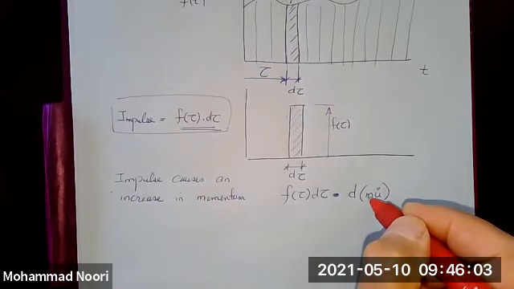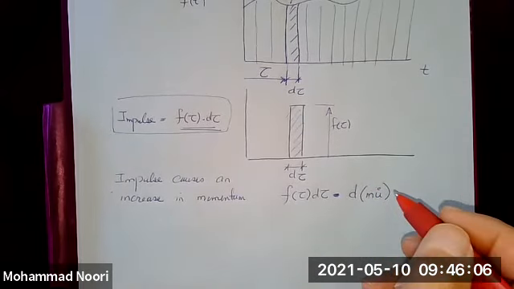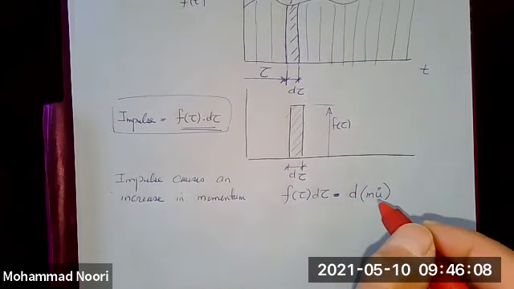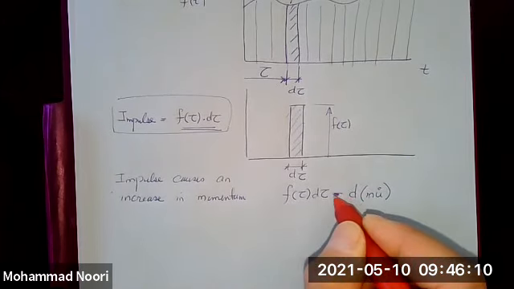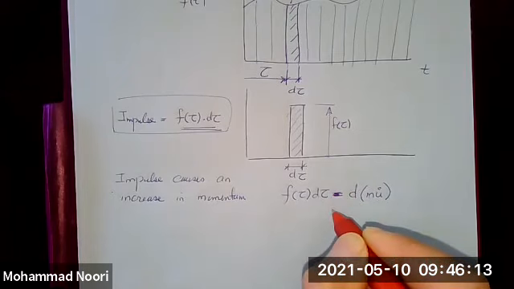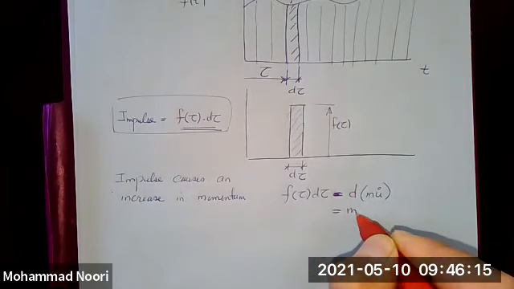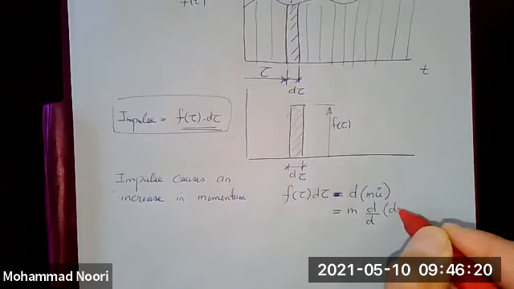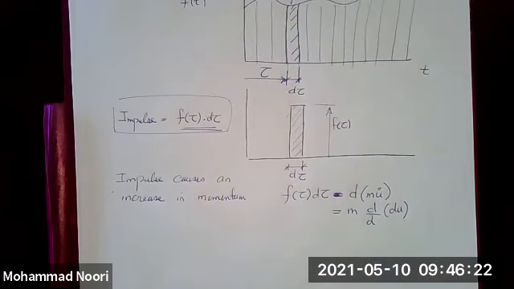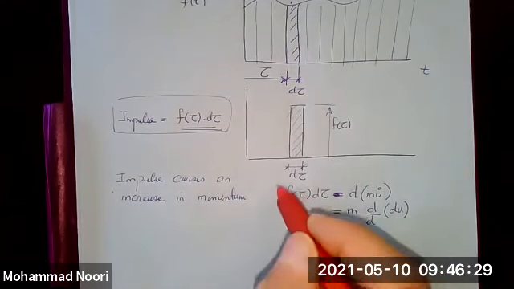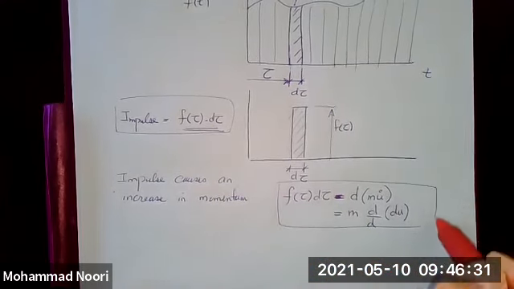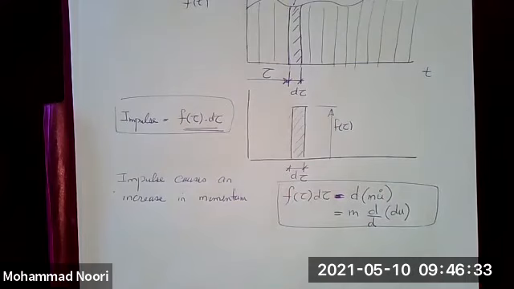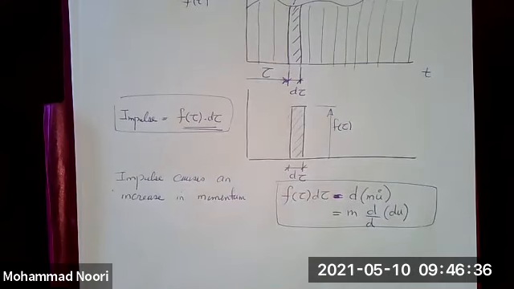Since mass is assumed to be constant, though it doesn't have to be because it's a general term, you can rewrite this as m times the change in the velocity. So this is the general expression for the second law of mechanics.